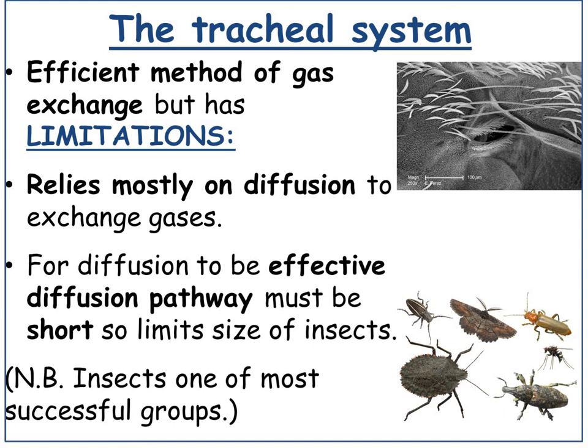So you don't really see very large insects. In the past, when oxygen concentration was higher in the atmosphere, there were bigger insects, but at the current 20% of oxygen, you don't really get very big insects.